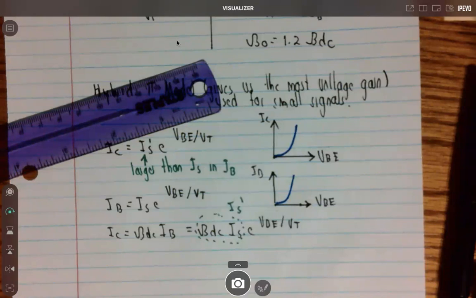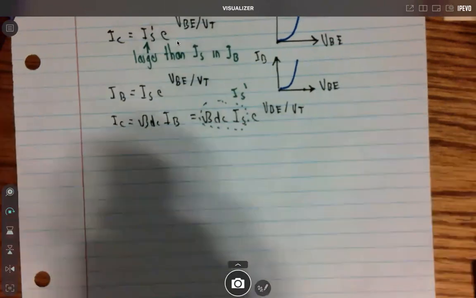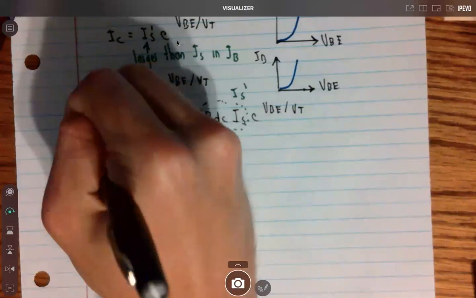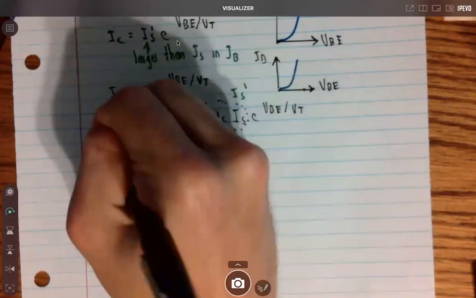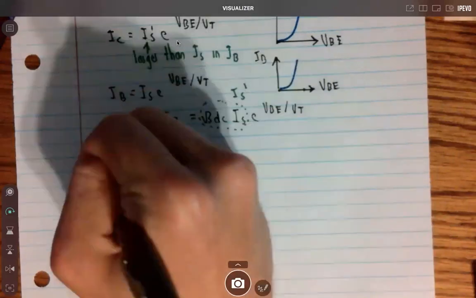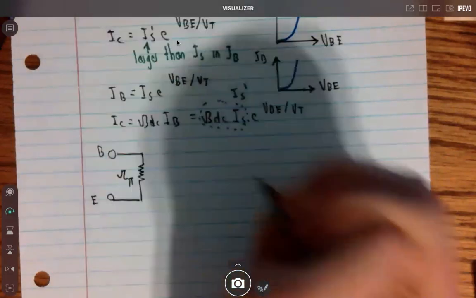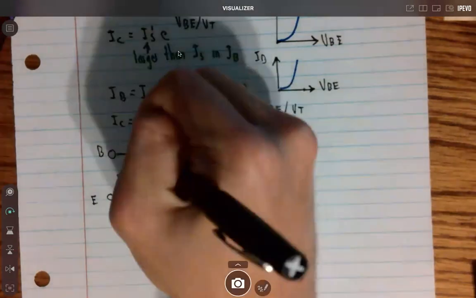And so let's get a little into just seeing the model at once, and then we can go back and define those slopes. And so for the hybrid pi model, what does it look like? We have a base and we have an emitter down here. And so between them, we have an input resistance, which we model by r pi. Notice I'm using lowercase letters here since this is an AC model. And now that we have r pi, it's going to be v pi here.